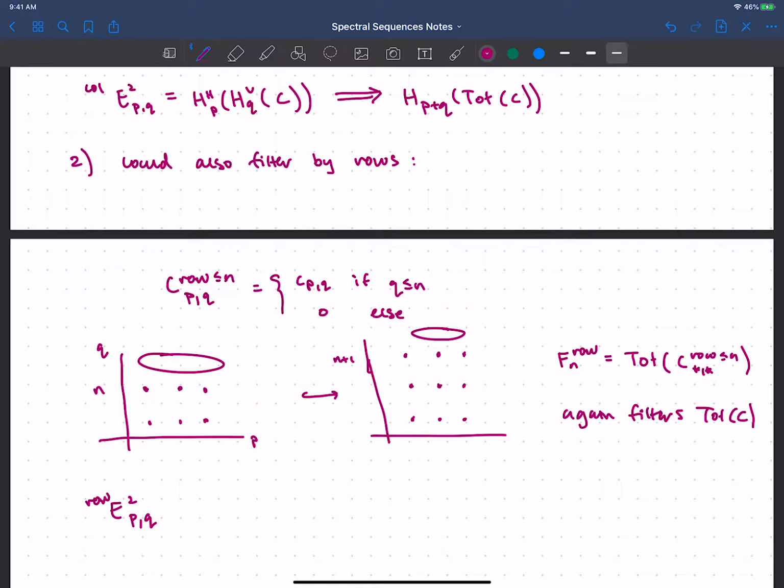So using this filtration on the rows, how would we compute homology? We can make basically the exact same argument and say that we should take the vertical homology after we've taken the horizontal homology, and notice the order now is switched. So this is exactly the opposite of the one I had before. I just want to use my horizontal differential first, and then once I have that, what's left is my vertical differential.